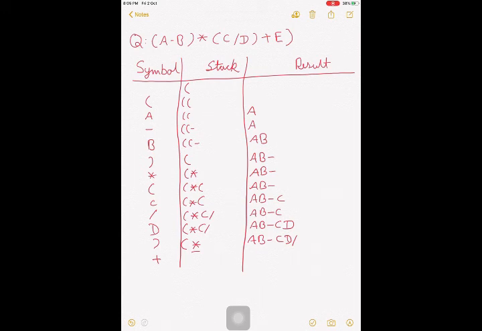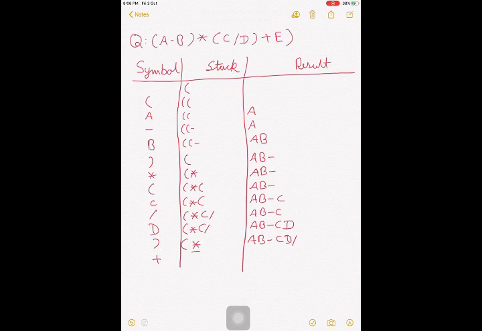So this star, that is multiplication, will move to the result and plus will move to the stack, because the rule is that whenever you scan a symbol and there are operators on the stack having greater or equal precedence than the scanned symbol, move all those operators from the stack to the result and move the scanned symbol to the stack.